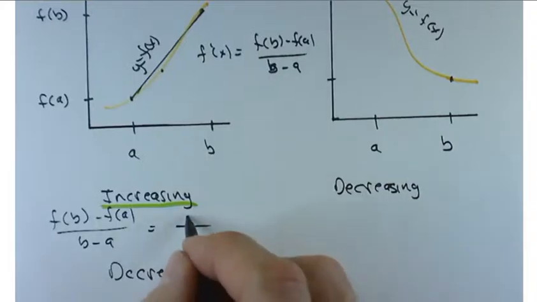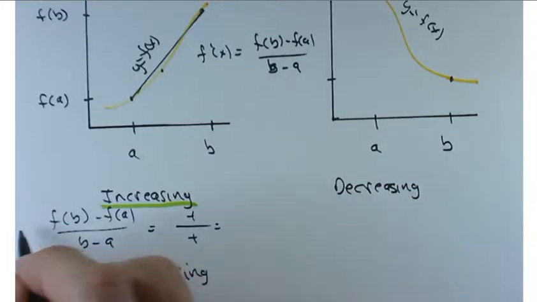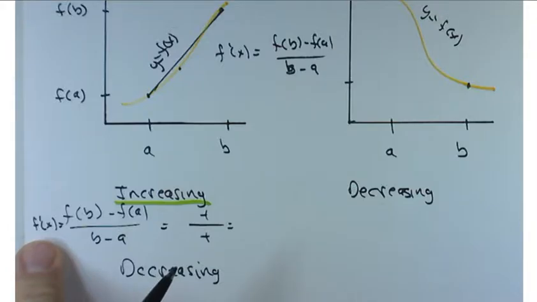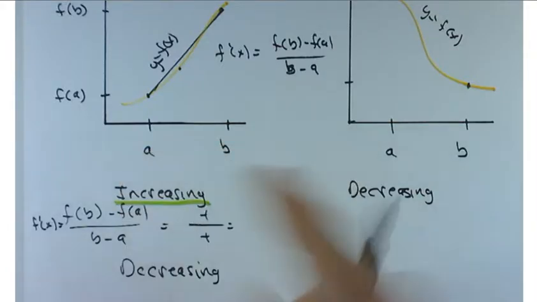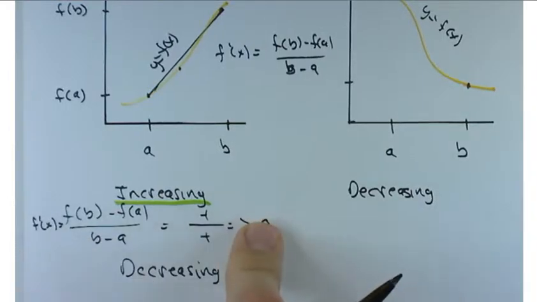It's also going to be positive. Now keep in mind this is equal to f prime of x. So what that's saying is that for an increasing function, on an interval where it's increasing, the derivative has to be greater than or equal to 0. F prime of x has to be greater than or equal to 0 for an increasing function.